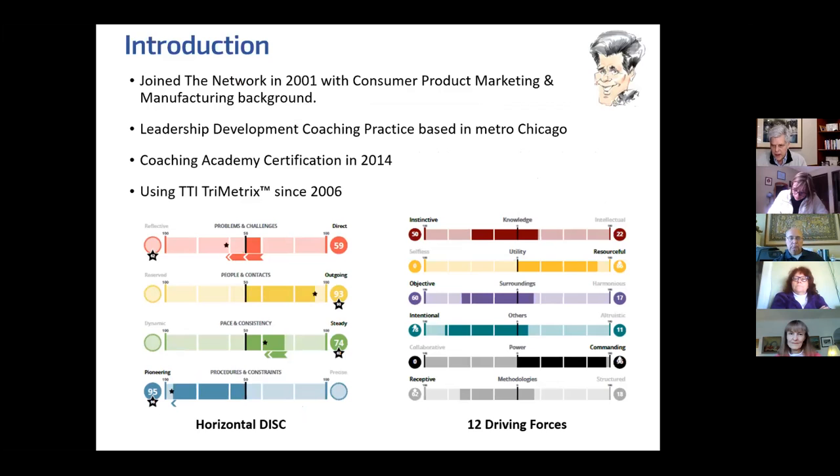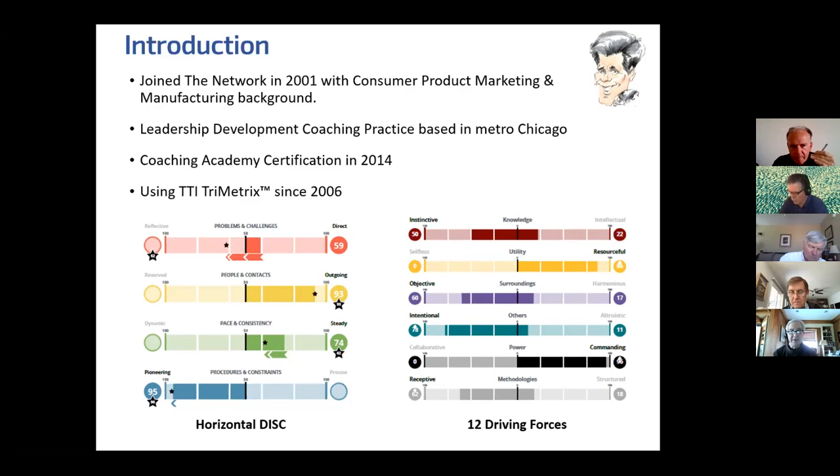They went horizontal. So my 12 horizontal graph of my driving forces is on the right. And starting March 1st, we're going to have the option of displaying DISC on a horizontal basis as well.